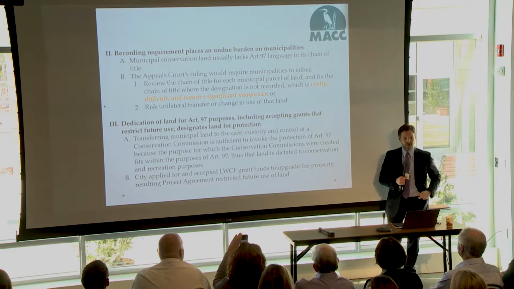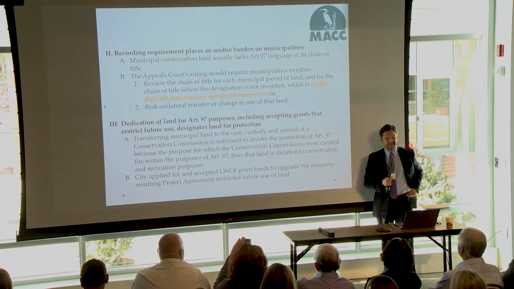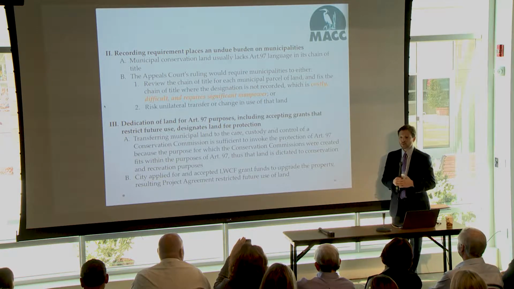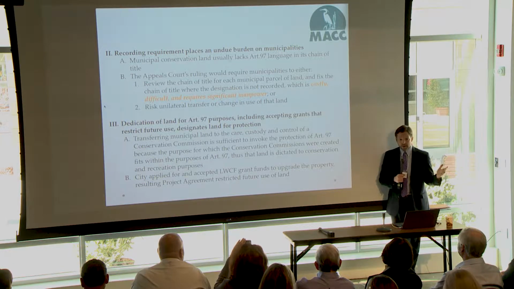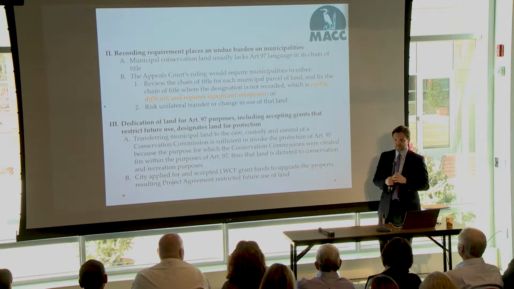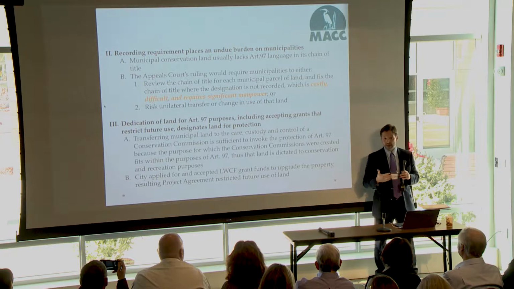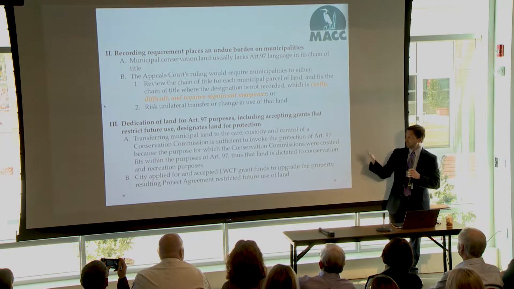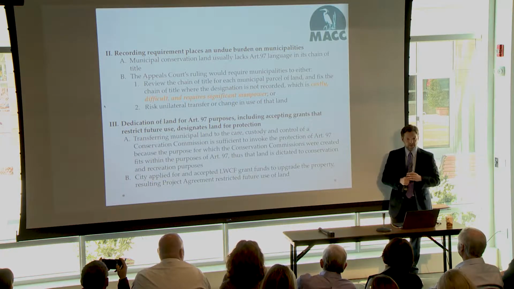That's a really major undertaking for municipalities. I'll tell you, a lot of cities and towns started doing that on their own following Hansen and Mahajan because they were worried that something like what was happening in Westfield could happen in their town as well.